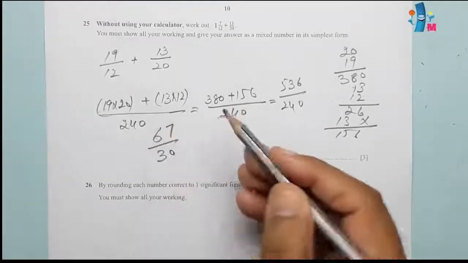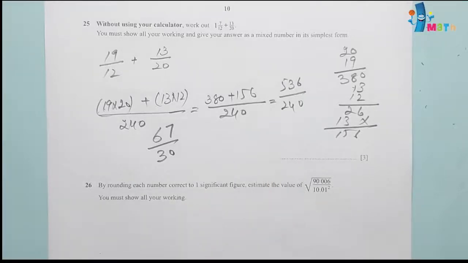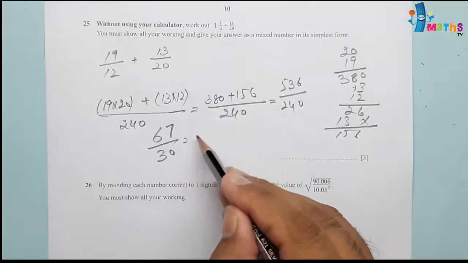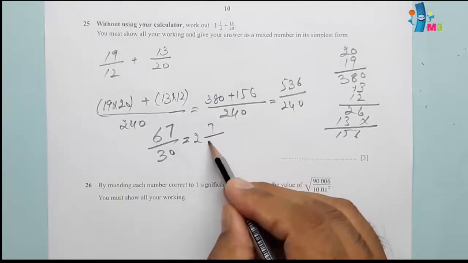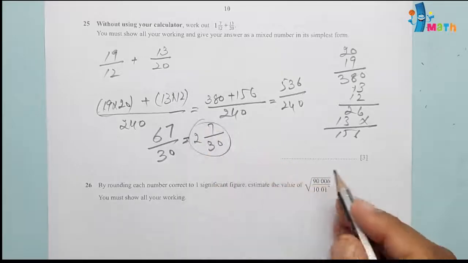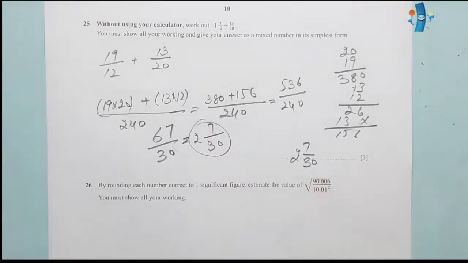We can also check after cancellation. 67 by 30 in mixed fraction will be 2 whole 7 by 30. This will be your answer, 2 whole 7 by 30.